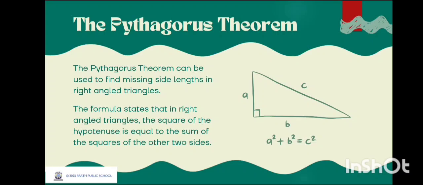As we know, there are three sides in any right angle triangle: hypotenuse, represented by the letter C here in the figure, perpendicular, represented by the letter A, and base, represented by the letter B. The formula states that in a right angle triangle, the square of the hypotenuse is equal to the sum of the squares of the other two sides.